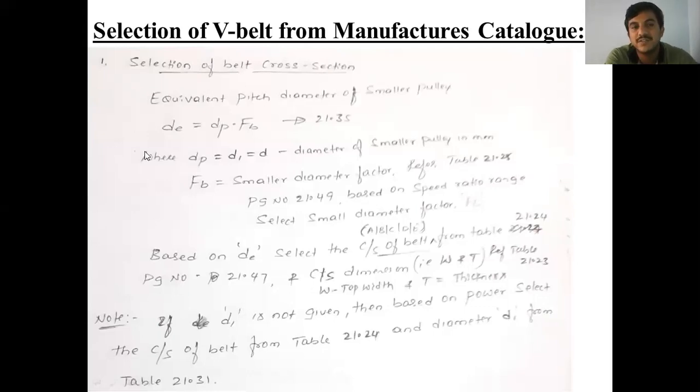Similarly, here the design of V belts by the analytical method, the exact formulas, will not be applicable. Instead of using the exact formulas we used before, we go for formulas based on hands-on experience.